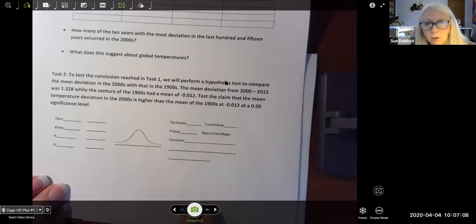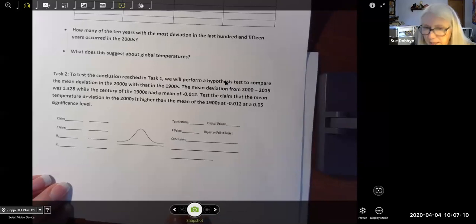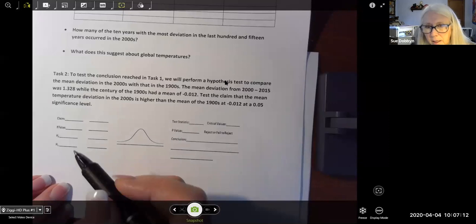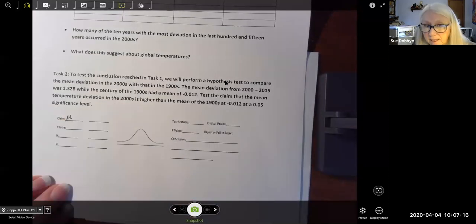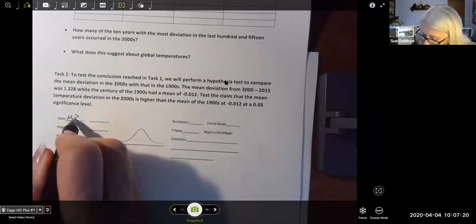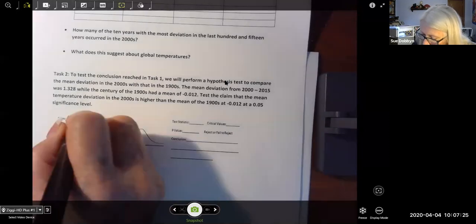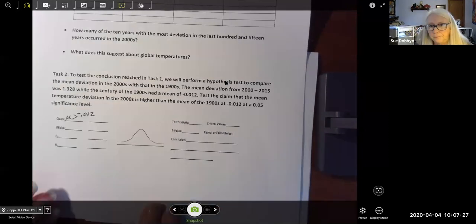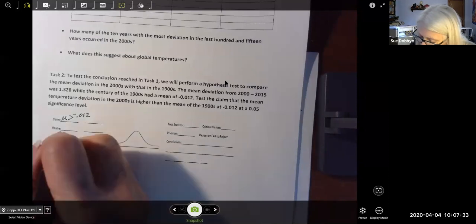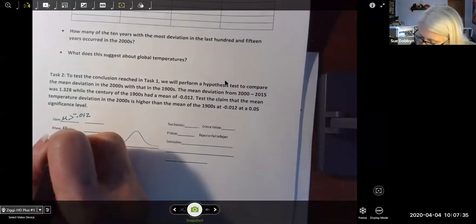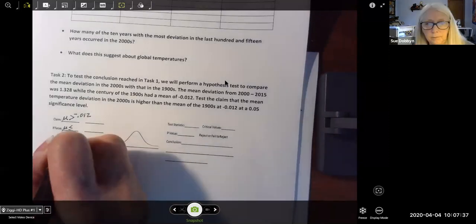Okay, so the claim is that the mean temperature deviation, so the symbol is mu, is higher than, which means greater than, negative 0.012. So if that is not true, then the mean is less than or equal to negative 0.012.